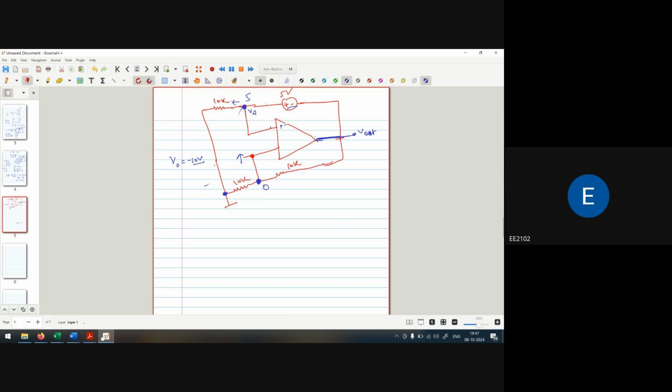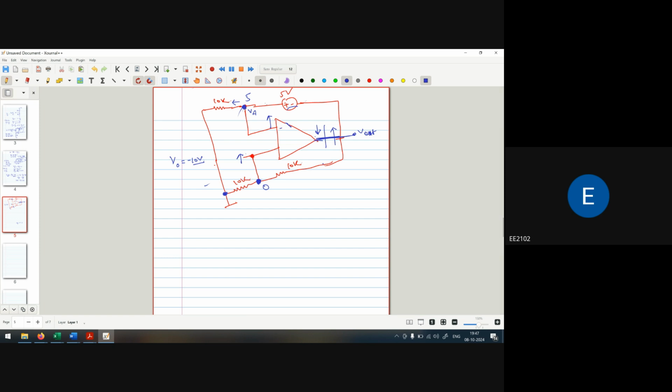But for negative feedback, if I break the loop and increase the voltage, this voltage increases. If this voltage increases, this voltage decreases.